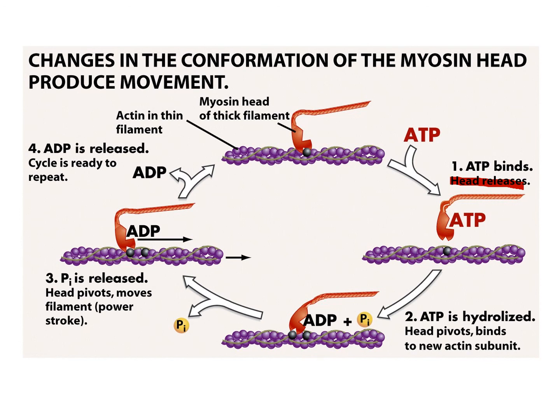ATP is hydrolyzed, releasing energy. The head pivots, binds, and then moves along. Okay, it's the release. ATP binds, head releases. It's the release of the myosin head from the thin filament that is the energy requiring step.